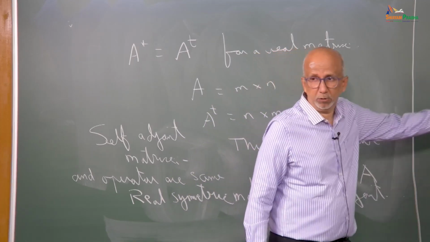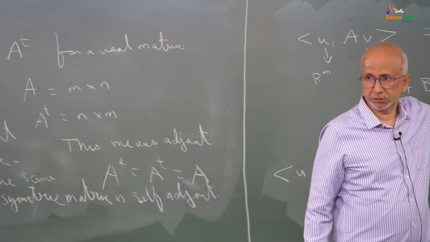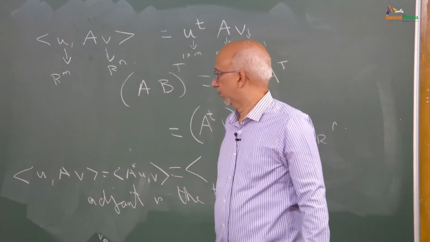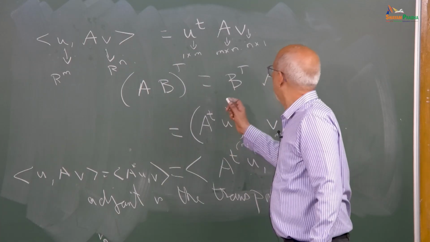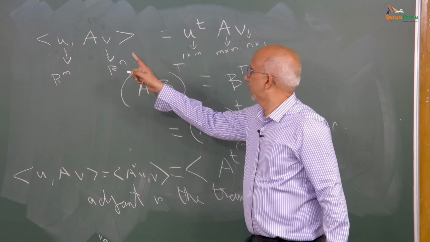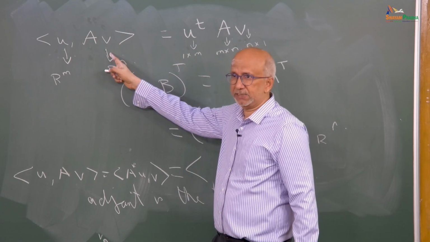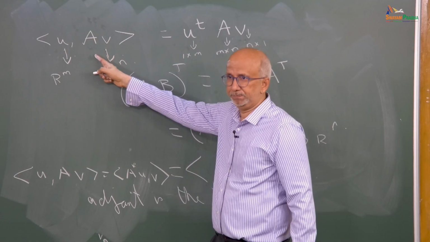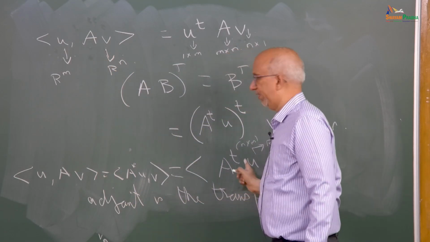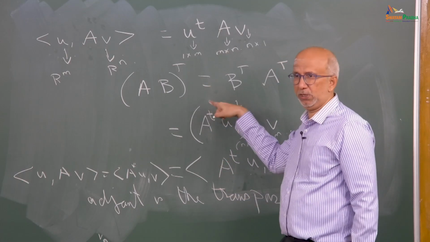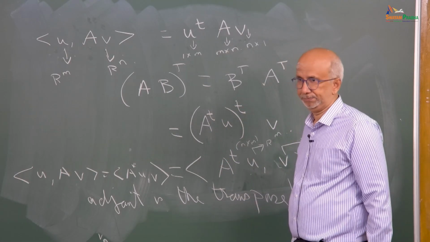Is this clear what I told you? Yes, no? Let me just say, A is going to act on a vector which has n dimensions because it is m by n, but A transpose acts on a vector which has m dimensions. Eventually, you will get a scalar.